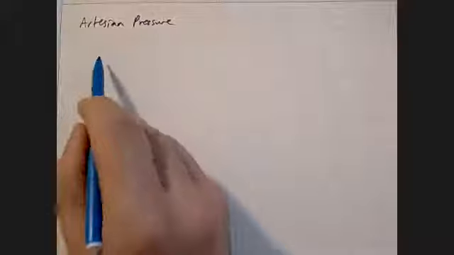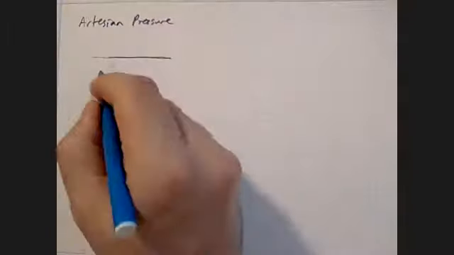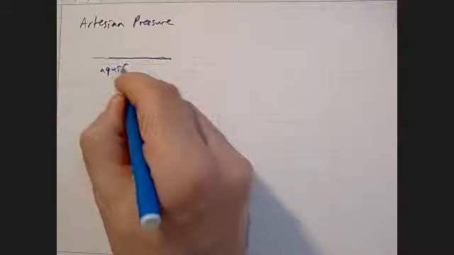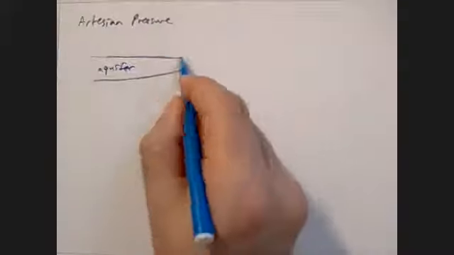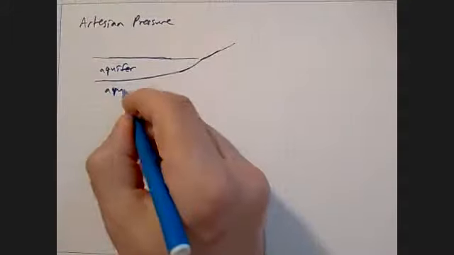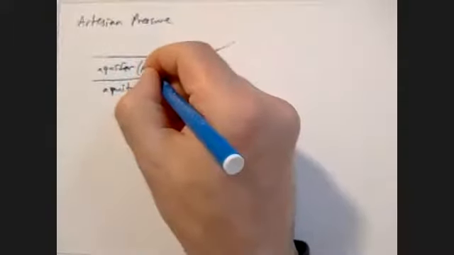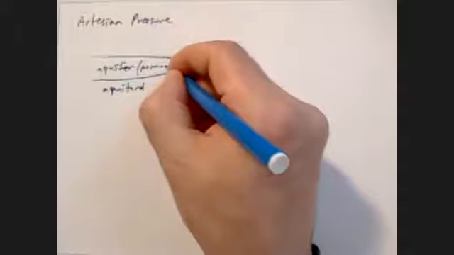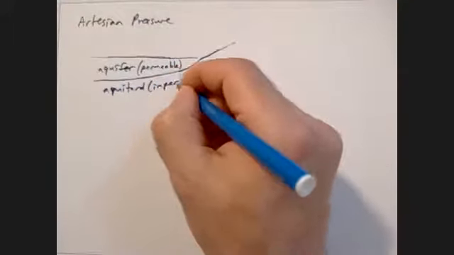It is when you have an aquifer bound by an impermeable layer. So this is permeable. This is impermeable or less permeable.